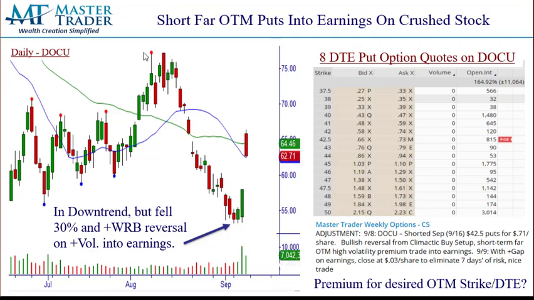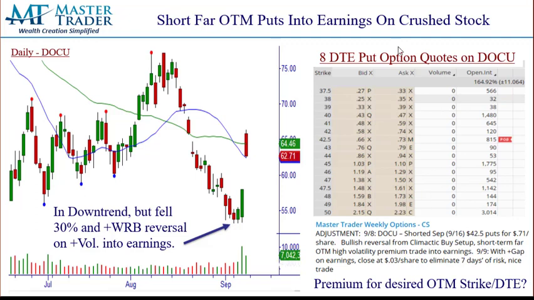So Daco here fell from $77 to high 50s, and then this was into earnings. We had a wide range igniting bar on volume. We go to the option table, and I call it the juice bar, because I want to see what the juice is. What's the premium that I'm going to get for accepting this risk of having to buy Daco?